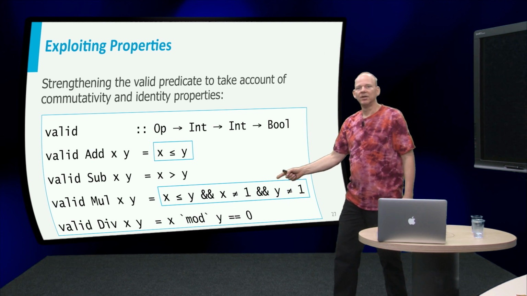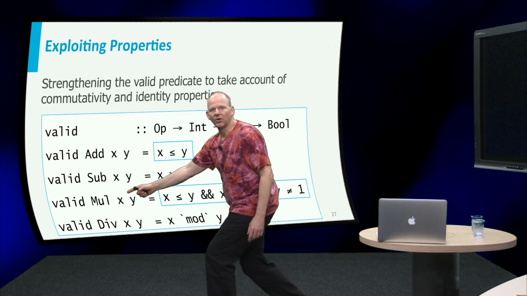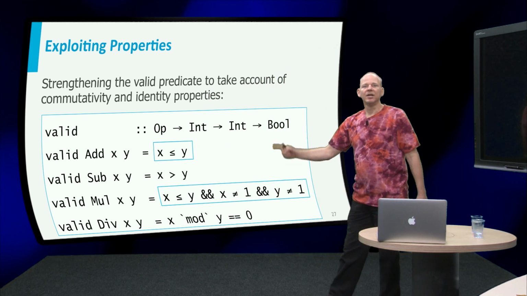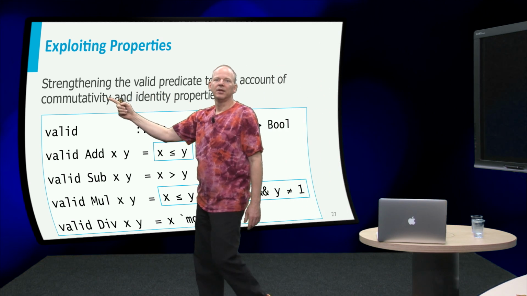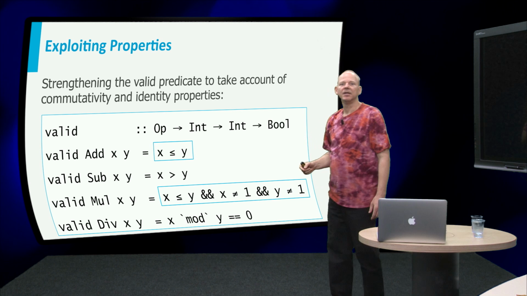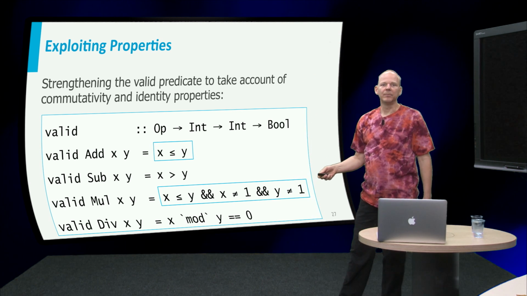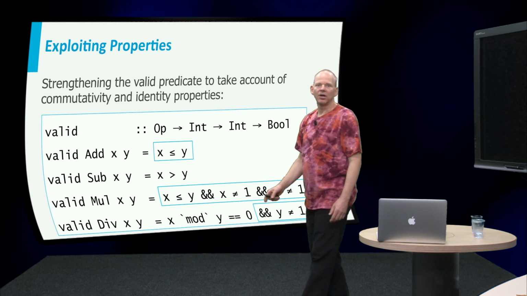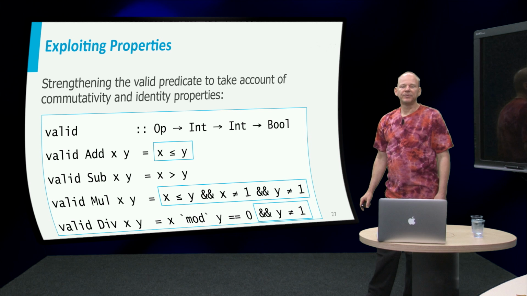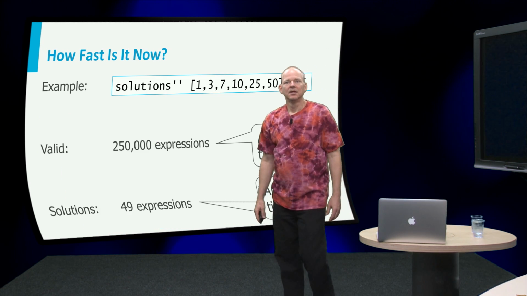And then we also want to use the case where x or y is 1. Okay? So this takes into account the commutativity of multiplication and addition and the fact that 1 is the neutral element of multiplication. And finally, also, when we divide by 1, that's the same as x.